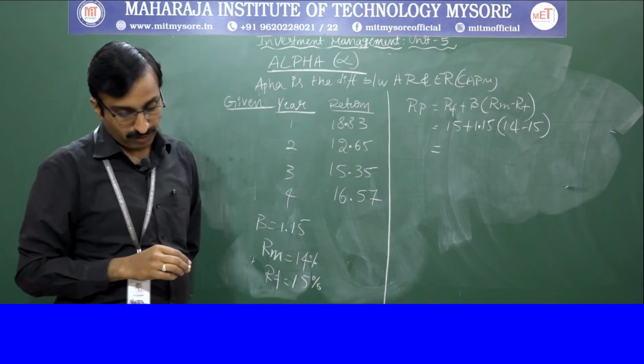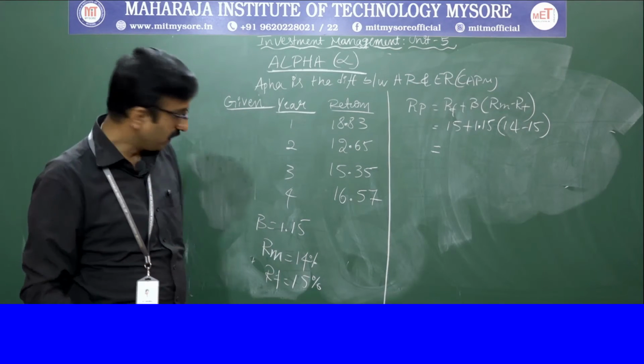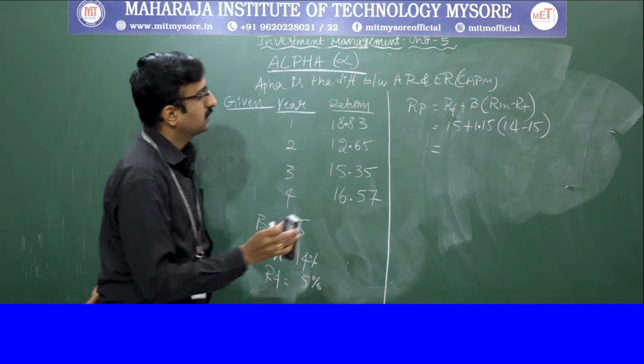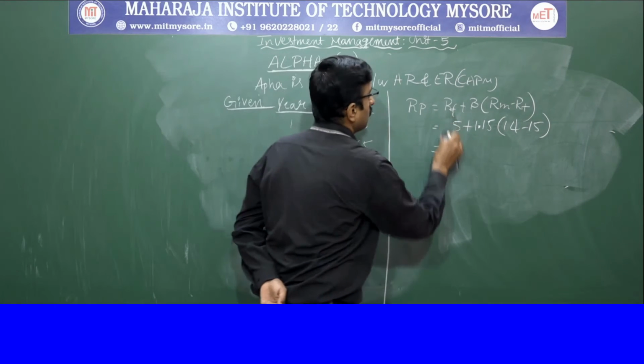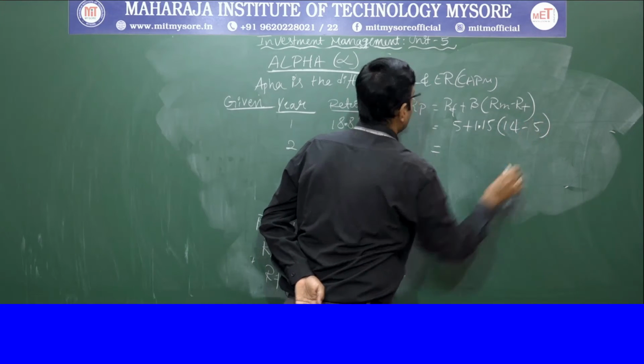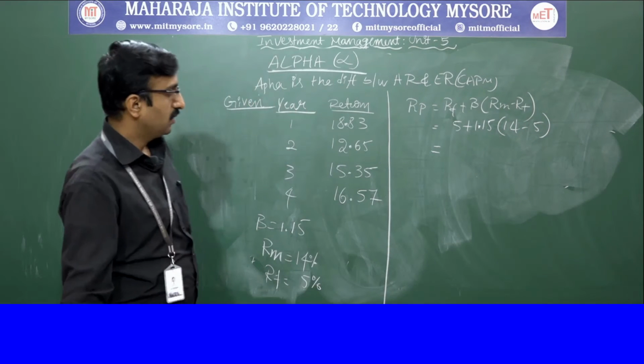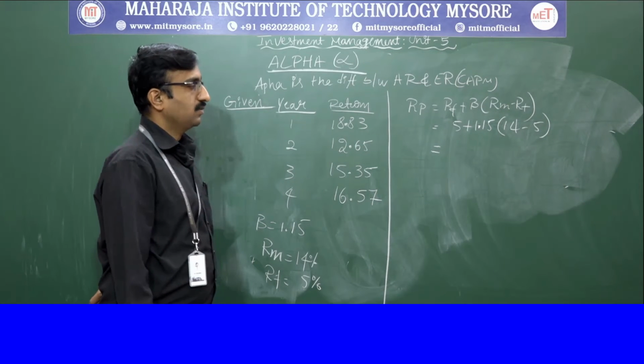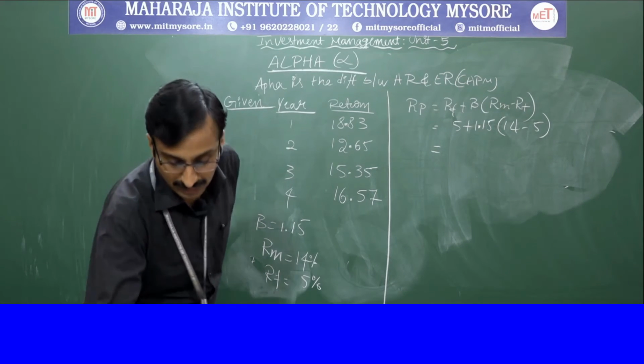Sorry, RF is equal to 5, not 15. Sorry for that. It is 5, not 15. Okay, 5 plus 1.15 into 14 minus 5. So, do the calculation.